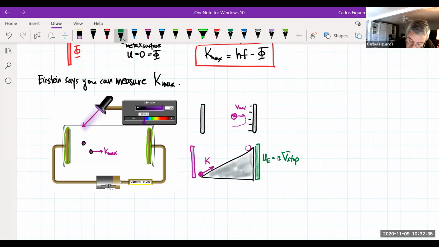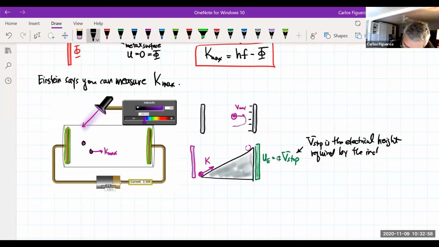Now, one of the things that I want to remind you here is that this voltage is the electrical height required by the incline to stop electrons.